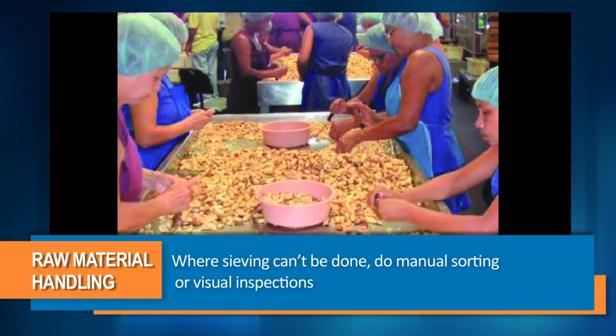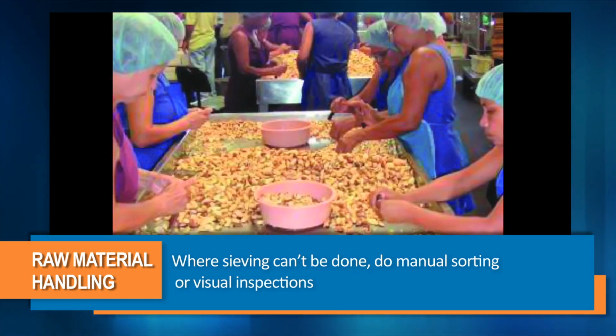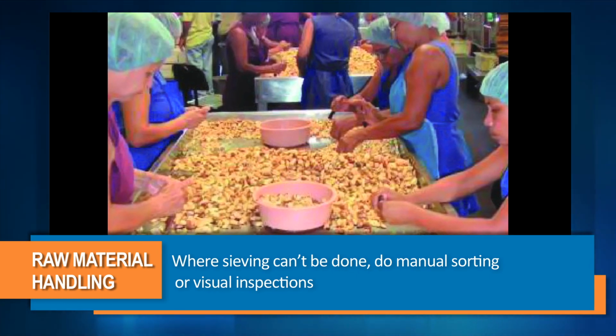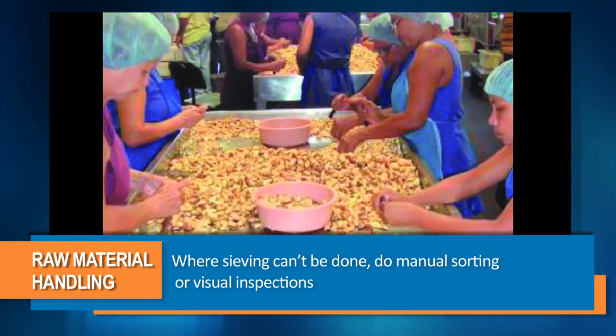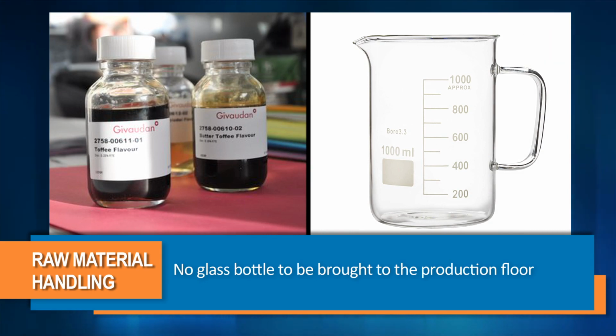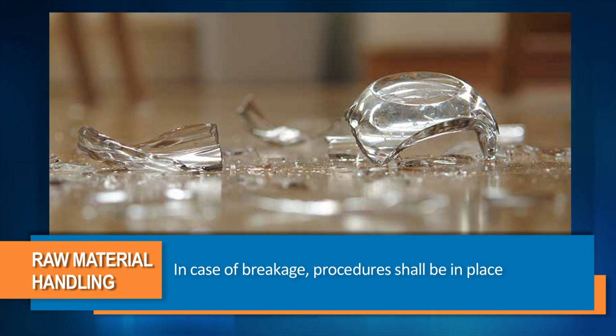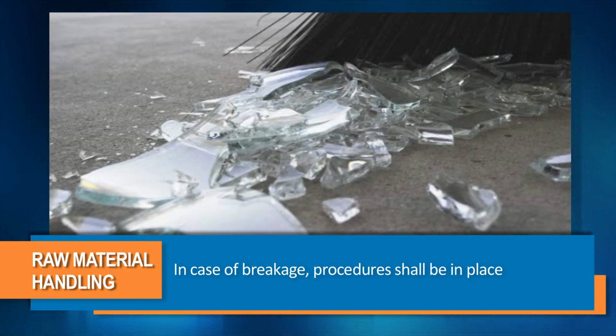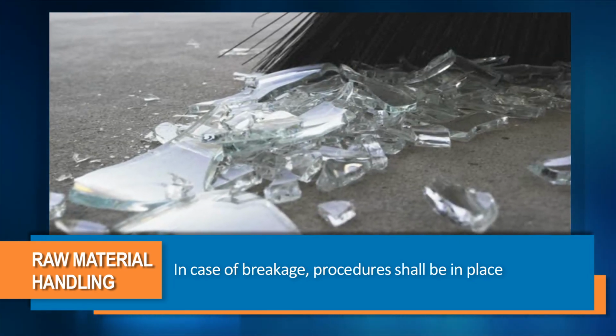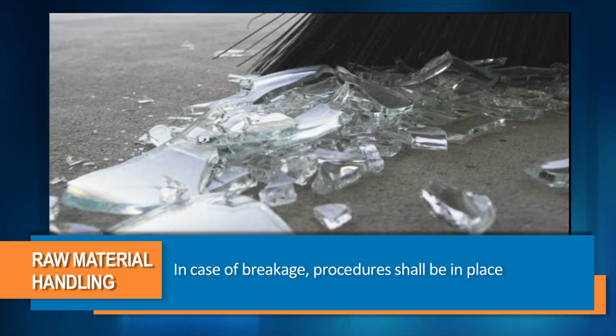Where sieving cannot be done, manual sorting or visual inspections shall be carried out. As far as possible, no glass bottle or container should be brought to the production floor. In case of breakage, procedures shall be in place for food handlers to follow to avoid food contamination.